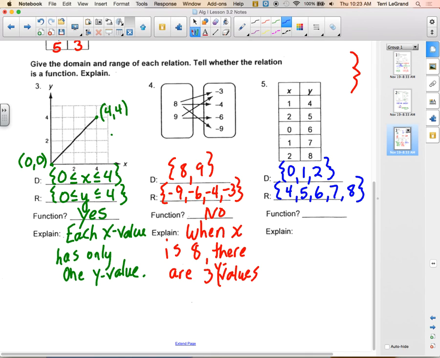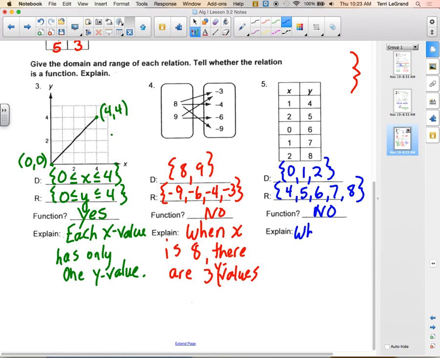Okay, is this a function? No, it's not a function at all. Why not? Because 1 is equal to 4 and 7. So when x is equal to 1, there are two y values. Or we could say when x is equal to 2, there are 2 y values.